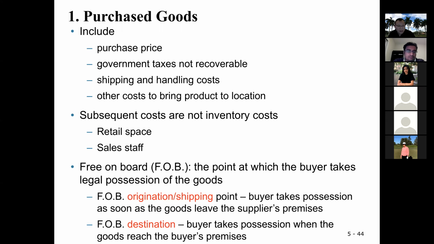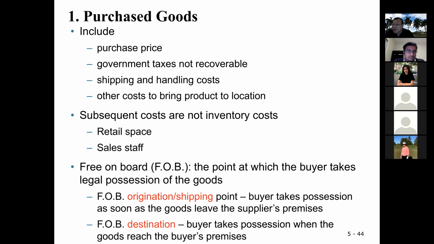Okay. And also goods in transit, that's something you want to consider. At what point do you take the legal possession of the goods? That's important. At the cutoff point, do you own these goods or not? We call it free on board, FOB. This is the point at which the buyer takes legal possession of the goods.